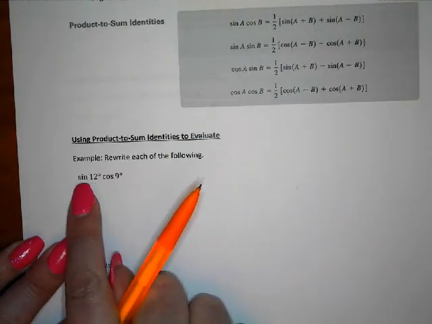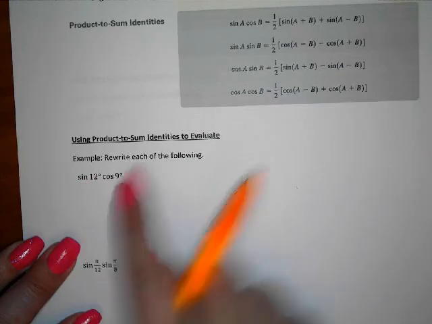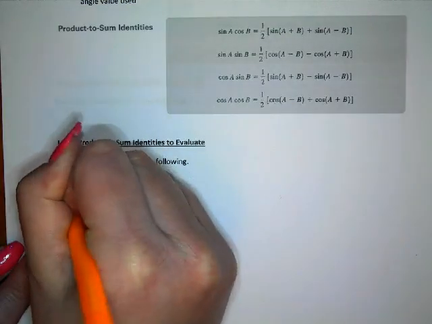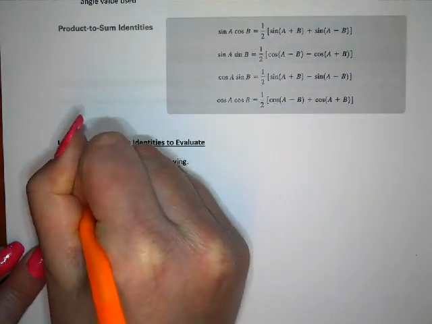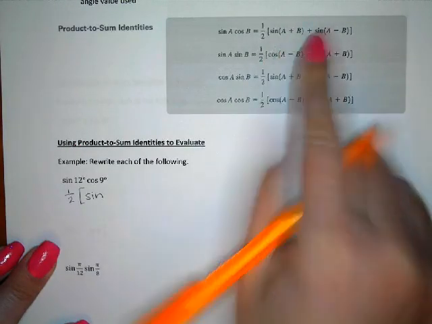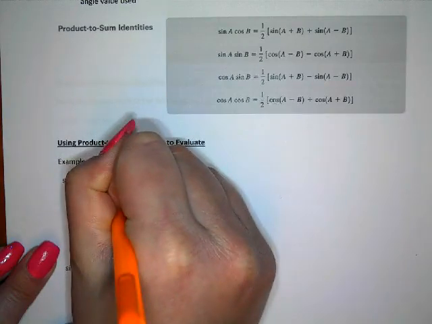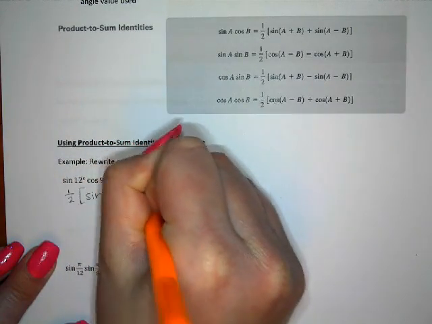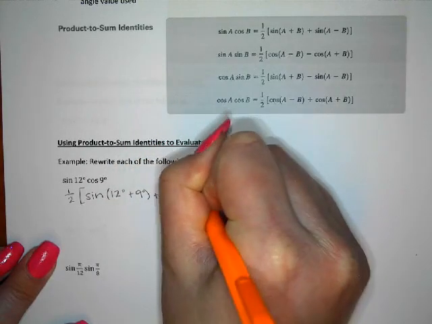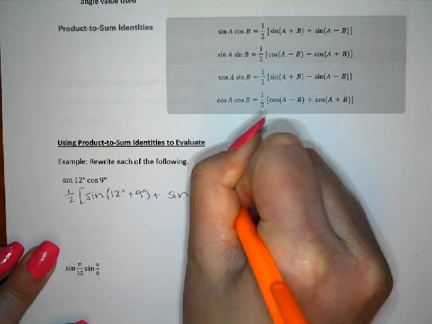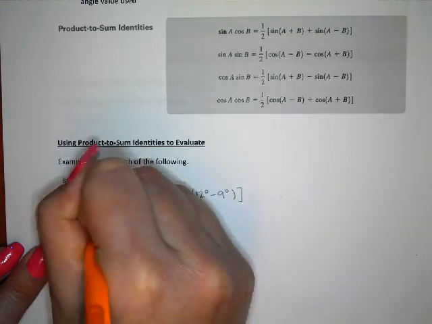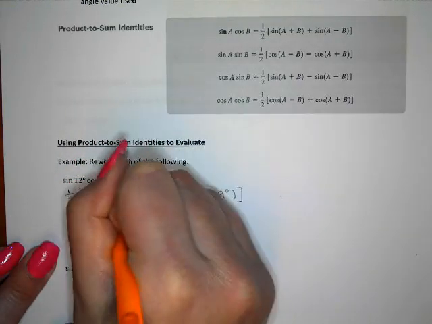We're going to start with the product. We have sine of a degree measure times cos of a degree measure, and that fits the very first formula. So I'm going to write 1/2 times sine of the first angle plus the second angle, so 12 degrees plus 9 degrees, plus sine of the first angle minus the second angle, and all I have to do is actually add those two angles together.